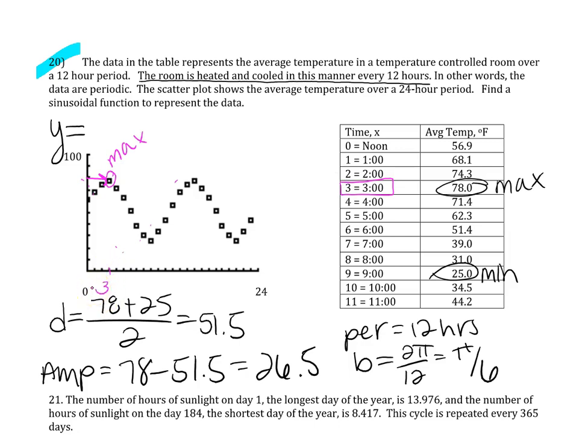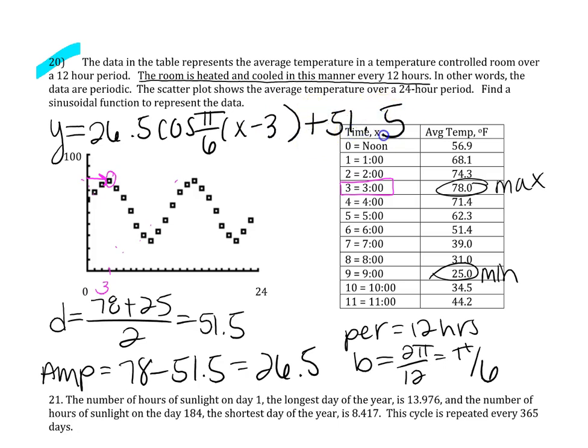Okay, so therefore my equation is y equals amplitude of 26.5 cosine of, oopsies, I forgot my frequency, of pi over 6, there's my frequency, x minus 3 to correspond to that phase shift, plus 51.5. So again, this is where this all comes from.